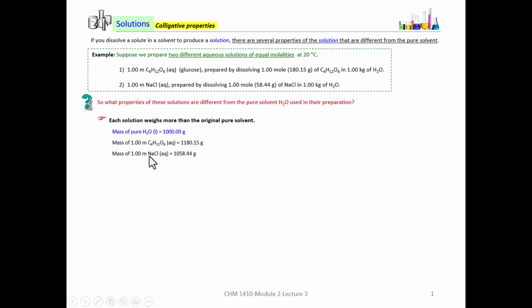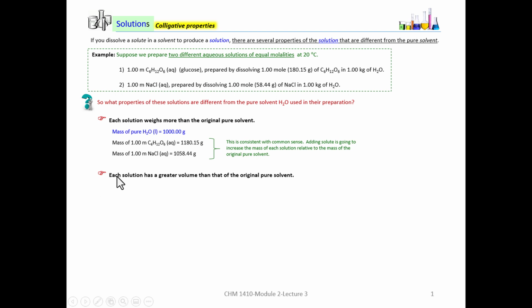And the mass of the 1 molal sodium chloride solution would be 1,058.44 grams. Both of these numbers are just consistent with common sense. Adding solute is going to increase the mass of each solution relative to the mass of the original pure solvent. So we see one way in which the solutions are definitely different than the solvent that we started with.